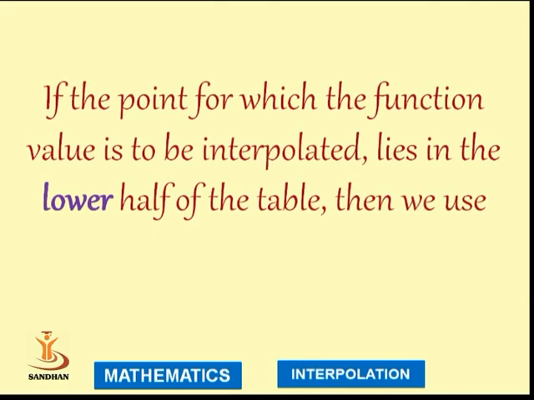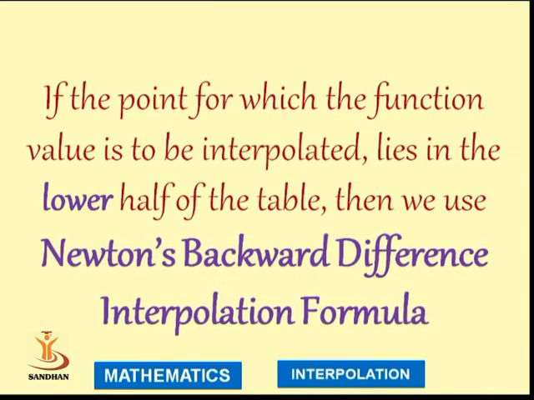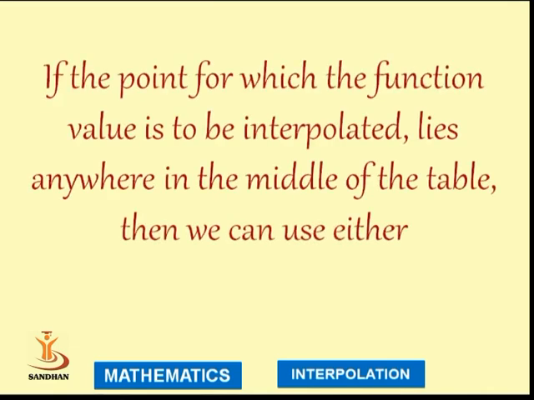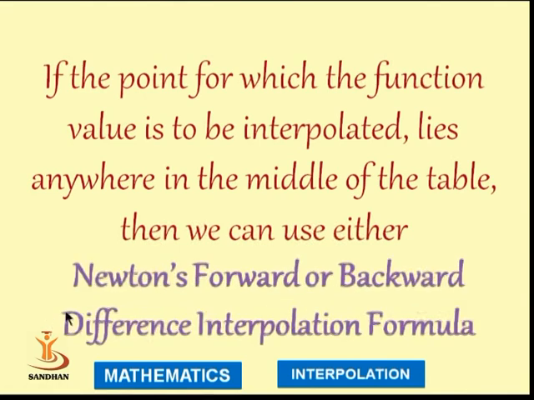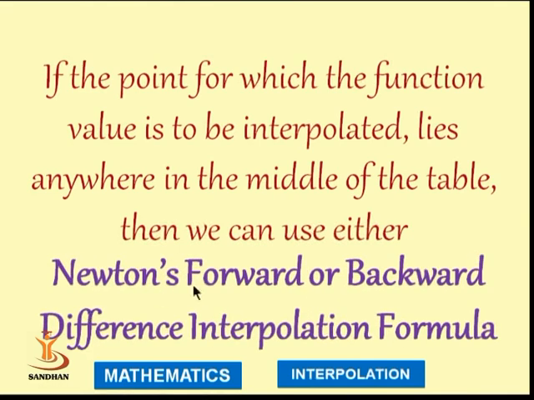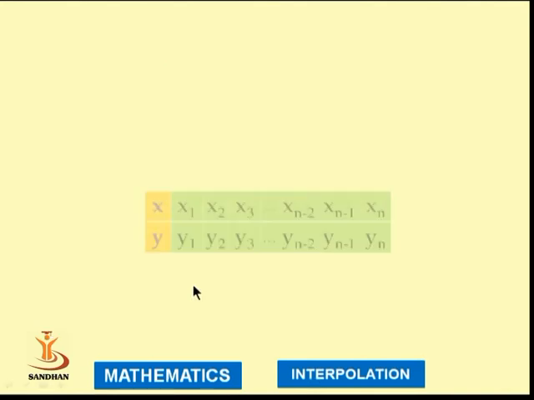And if the point lies in the lower half of the table, then we use Newton's backward difference interpolation formula. And if the point lies anywhere in the middle of the table, you can use either forward or backward difference interpolation formula, depending upon your choice.